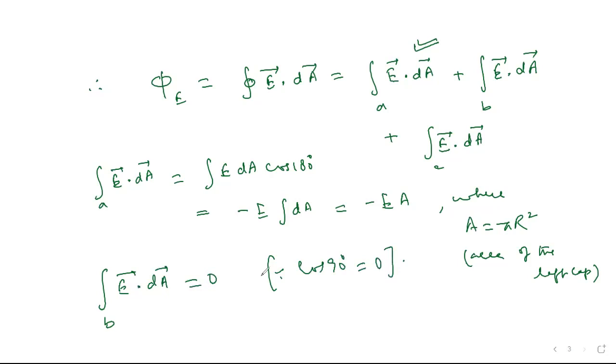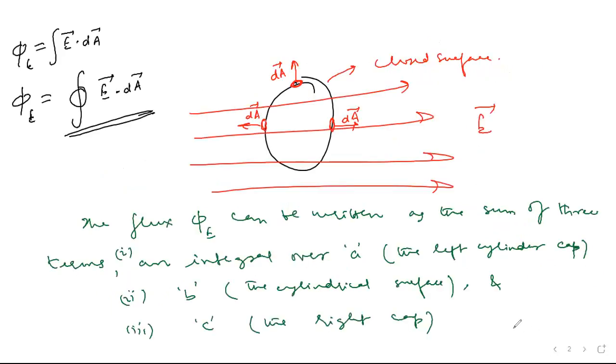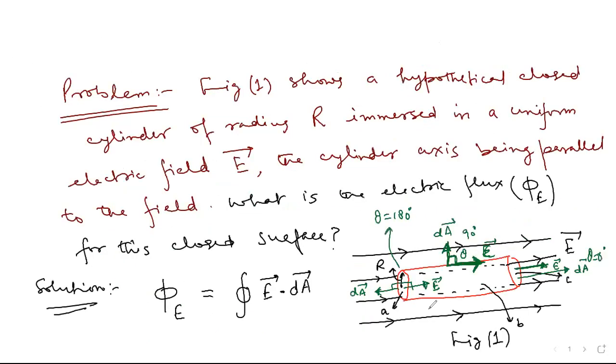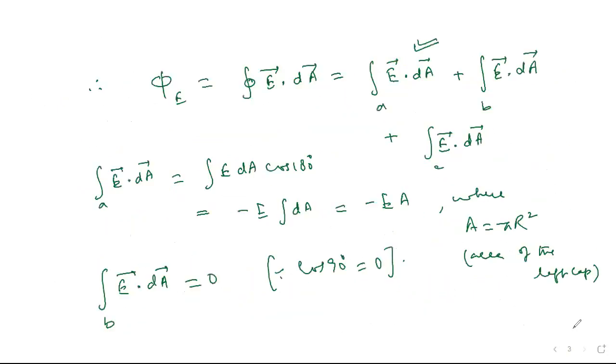As you can see, for the curved walls or cylindrical wall, theta is 90 degrees. So E dot dA is 0 for all points on the cylindrical surface. For the B portion, the cylindrical surface, theta is 90 degrees. So for all patches of the surface, the dot product becomes 0. So this integral is 0. So this term is 0.